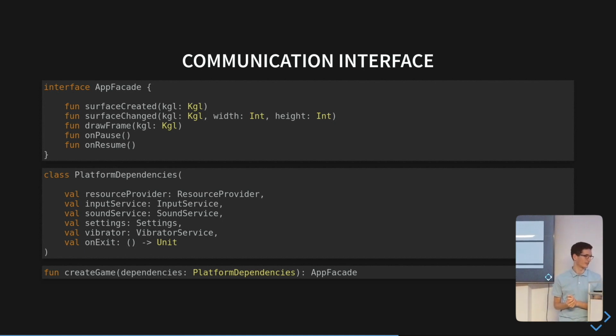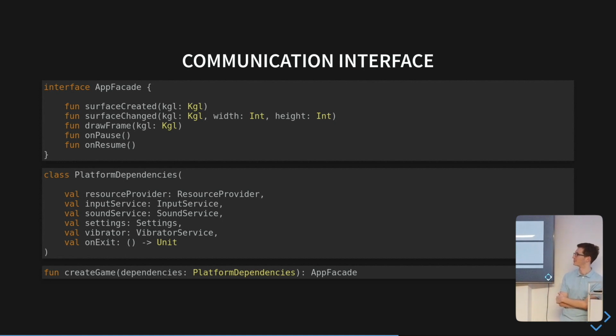So the first interface defines all the methods that the applications need to tell the library. For example, the first one is that the surface is created, time to load some resources, time to initialize your state. The second one is that the size of the surface has changed, time to do some calculations.